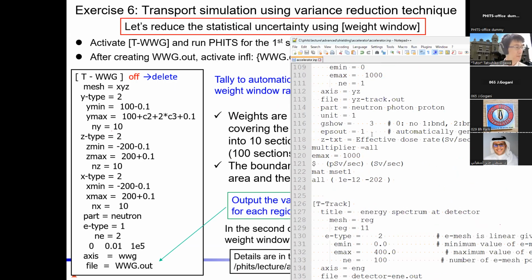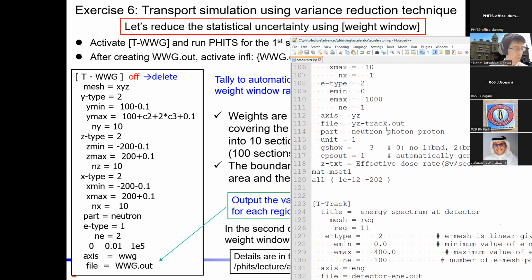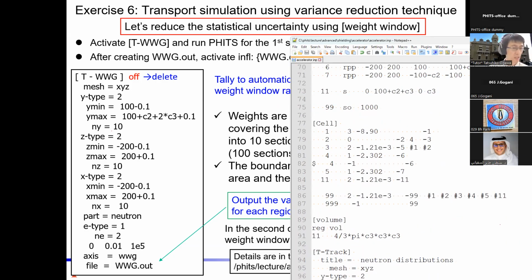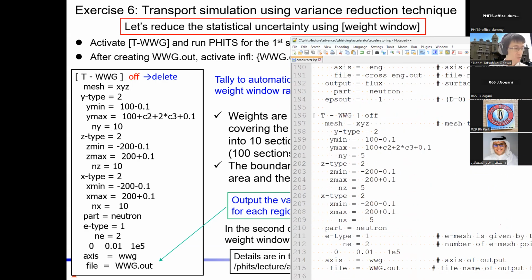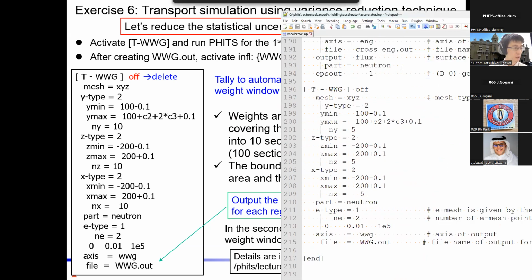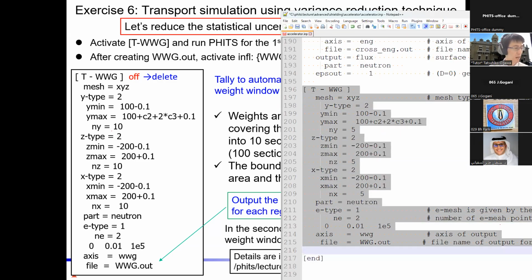So the first thing to do in exercise number 6 is to activate T-WWG to generate weight window section. And a T-WWG can be found at line number 196.